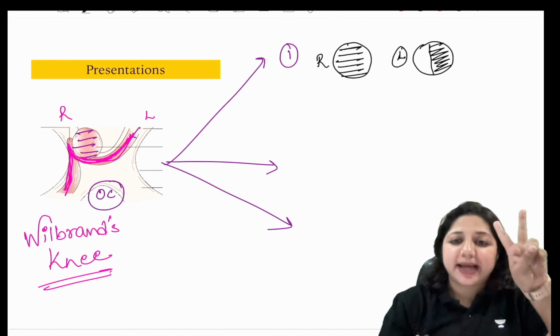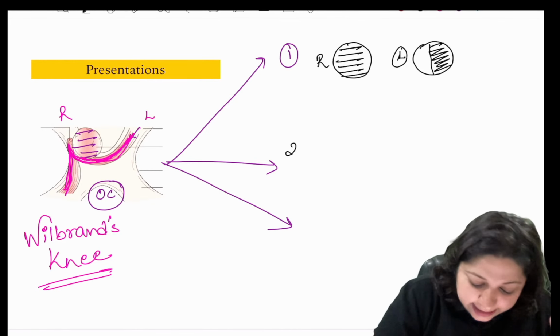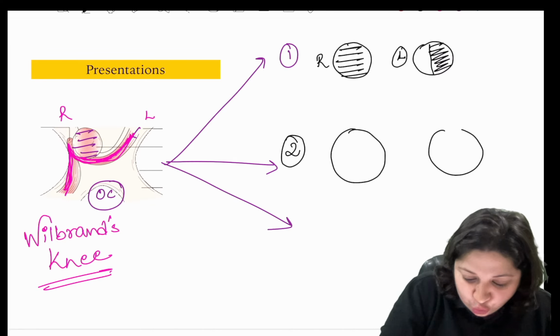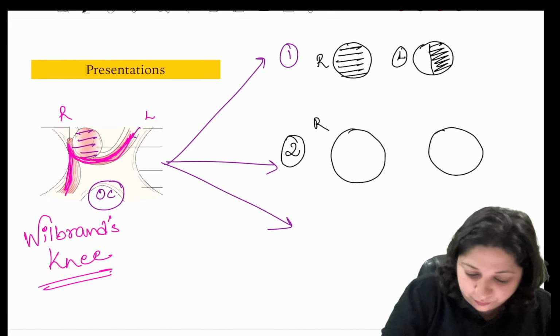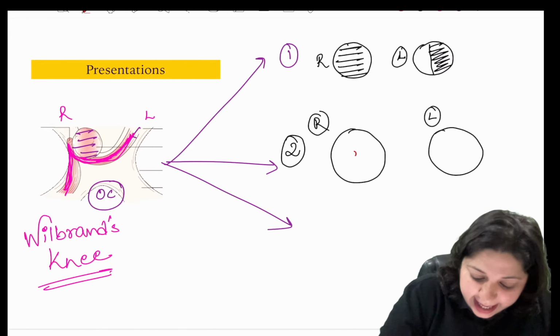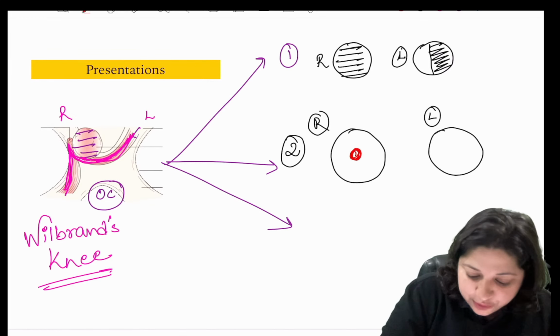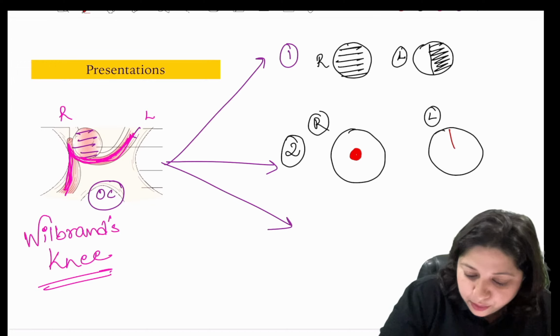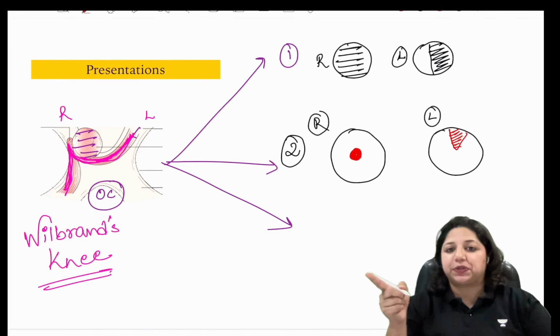That is one part. The other that you can have is the same lesion can present like this also. They can have these central fibers affected on the side of the lesion, and only the superotemporal scotoma in the contralateral eye.